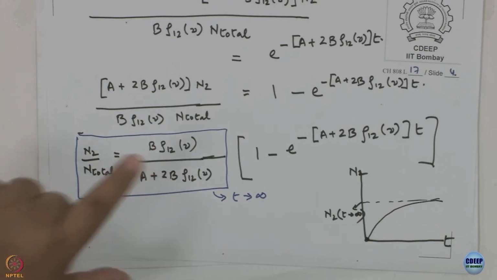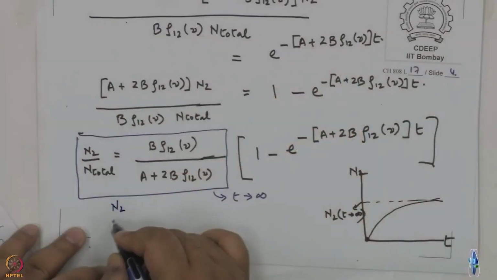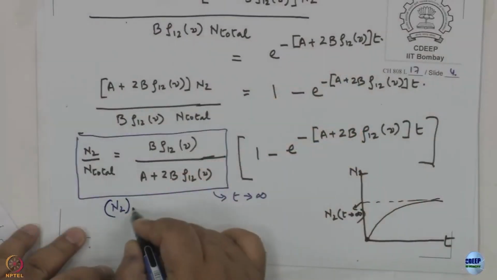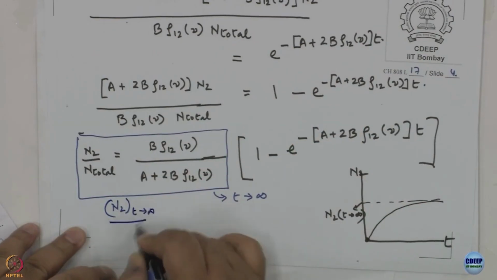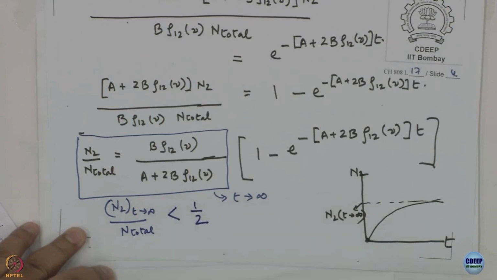But what you have said is that A is never 0, if B is not equal to 0. That means that this ratio N2 at time t tends to infinity by N total will always be less than half.